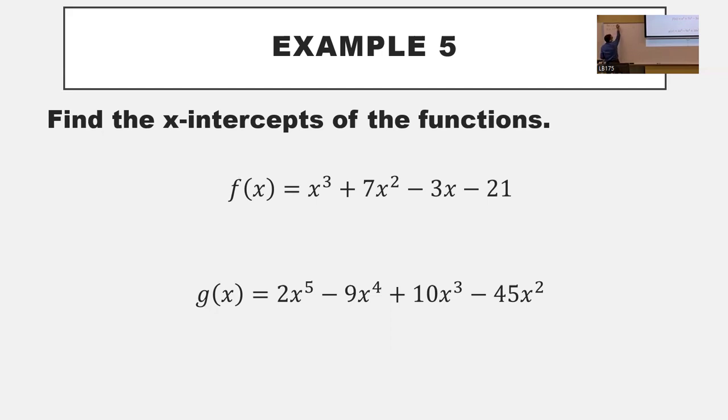So f of x is equal to x to the 3rd plus 7x squared minus 3x minus 21. And then we get that g of x is equal to 2x to the 5th minus 9x to the 4th plus 10x to the 3rd minus 45x squared.